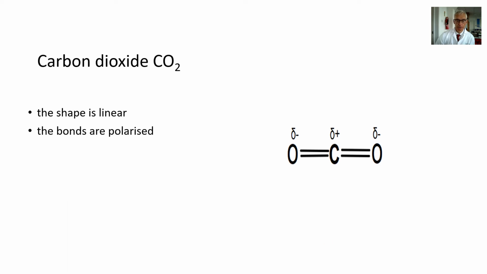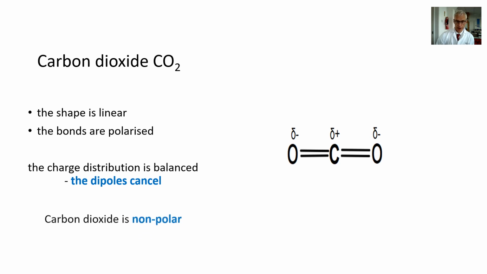So we would say that there is a balanced distribution of charge, that the dipoles, as I've drawn them, cancel each other out, and therefore that carbon dioxide is non-polar as a molecule. The bonds within carbon dioxide are polar due to the electronegativity difference between carbon and oxygen, but the charge distribution within the molecule means that the dipoles cancel, and carbon dioxide as a molecule is non-polar.